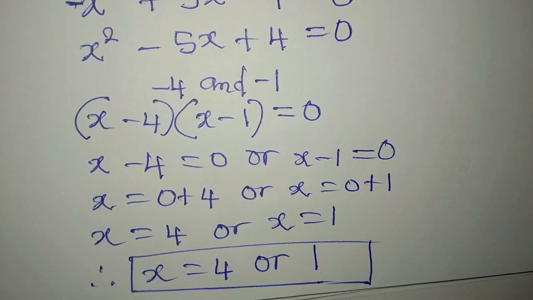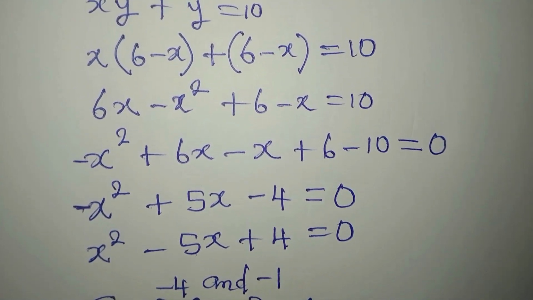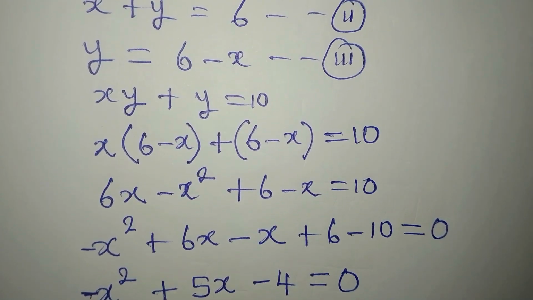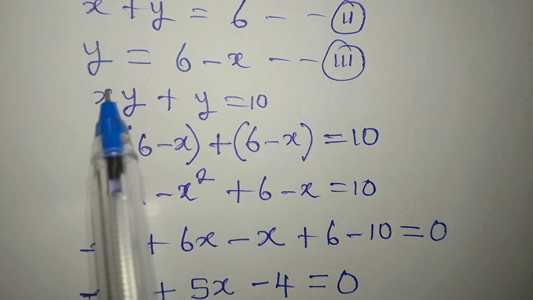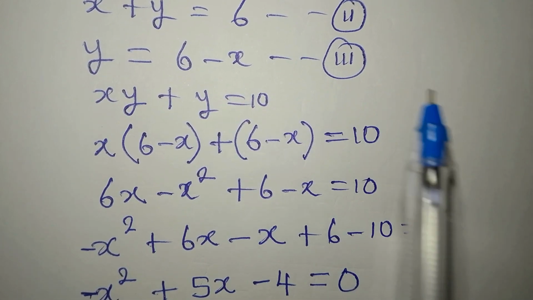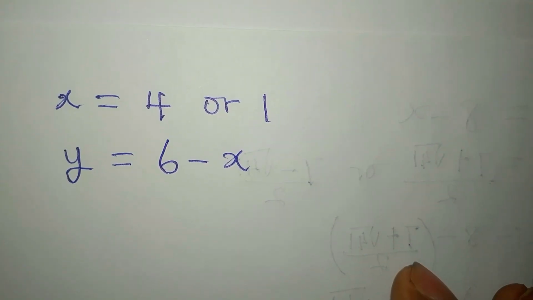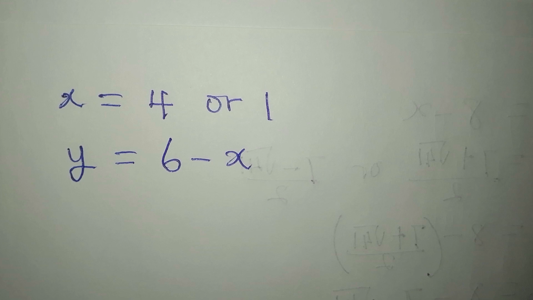But for these values of x, we need to get our corresponding value of y. And to do that, we will go back to our equation 3. Let's take a look at that. We had y equals 6 minus x as our equation 3. So let's put in the value of x.